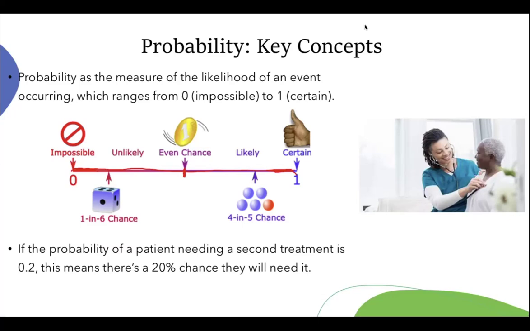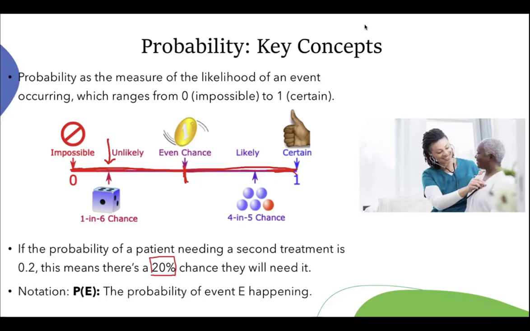So if we look at the probability of a patient needing a second treatment, and we're told that the probability is 0.2, that translates to 20%, and that's a 20% chance that they will need that second treatment. And that lies on this side of the 50-50 line, okay, 20%. So if we think about the numbers going from low to high, from 0 all the way to 1, 0.2 occurs on the left side of that.